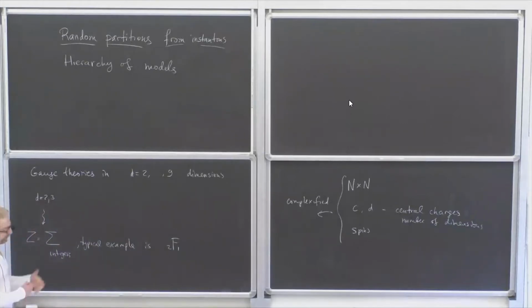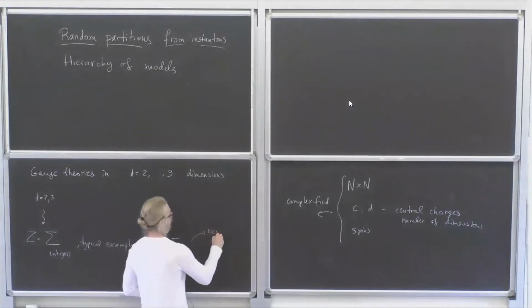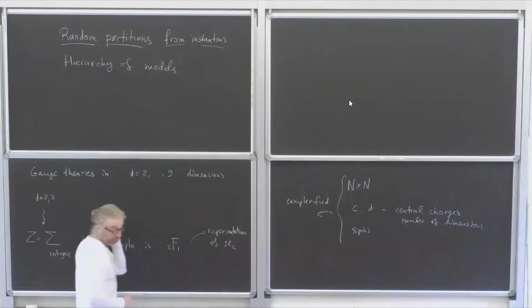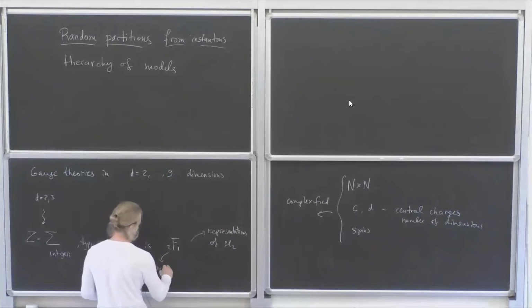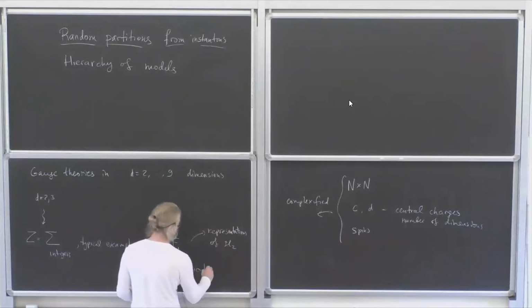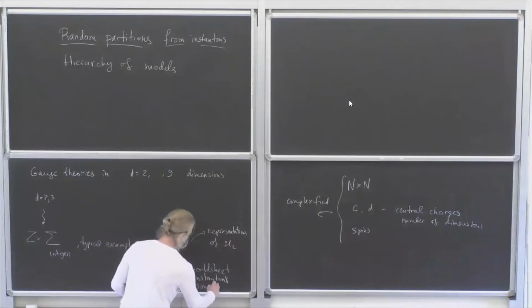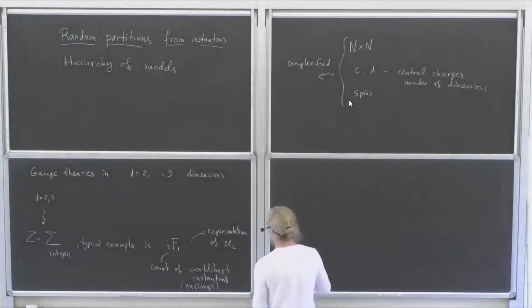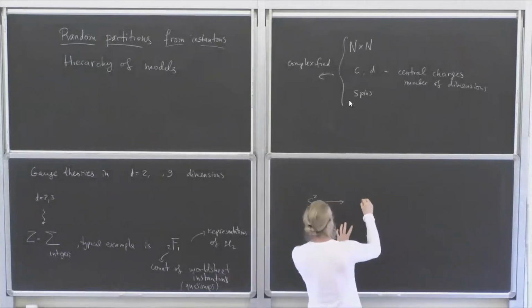Usually it's associated with the representation theory of the Lie algebra of SL2, but in this context, it arises as the count of worldsheet instantons, also known as quasi-maps, where what you're mapping is S2, and where you're sending S2 is the so-called local P1.